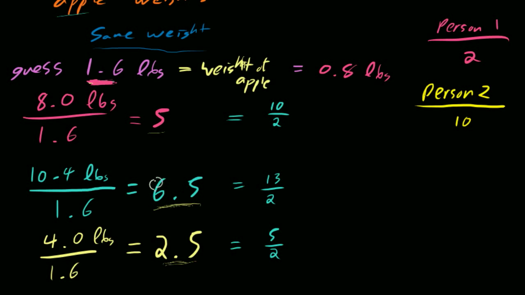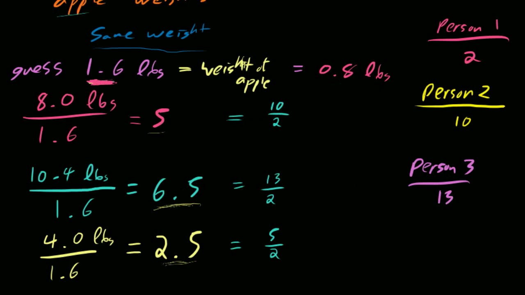So if an apple weighs 0.8 pounds, how many apples did person 3 pick? Well, they picked 6.5 for our first guess. So it's going to be this number times 2, right? Because we're dividing by 1/2. So person 3 would have picked 13 apples.